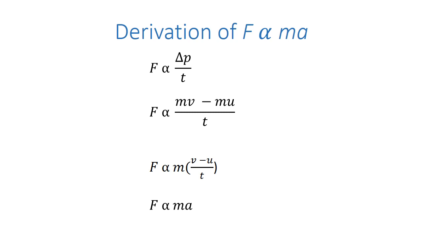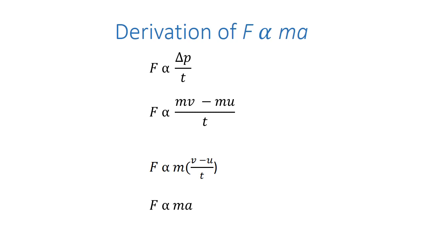Do you realize that (v minus u) per t is actually final velocity minus initial velocity per unit time? Does it seem familiar to you? Yes, that's right. This is actually acceleration. So hence, we can write this equation as force is directly proportional to the product of mass and acceleration.